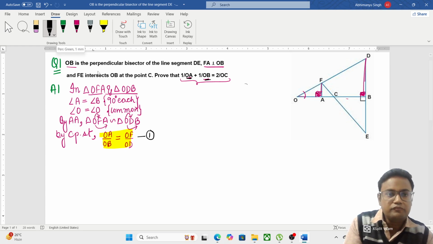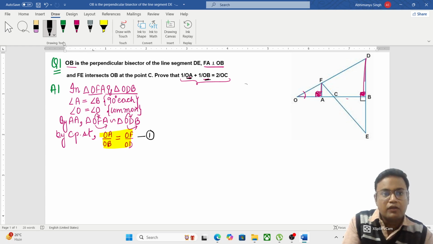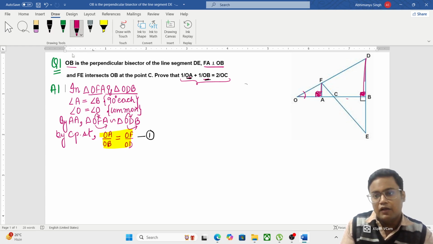So let us continue. Now one more thing I can do here, children, is that I can simply draw a ray, let us say this is a ray BT parallel to FE. Why did I choose to draw this parallel?